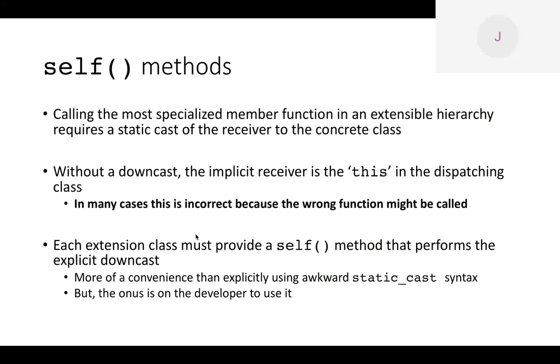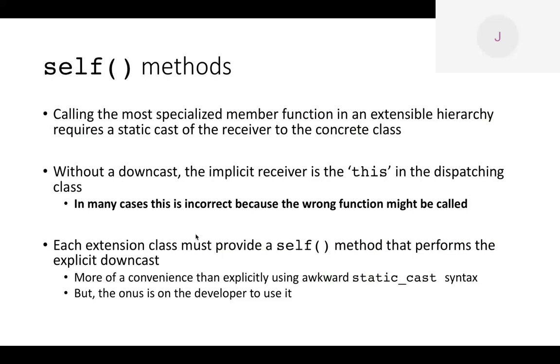One thing that is necessary, and this is particularly important for anything that uses static polymorphism, is that the way this hierarchy looks, it's sort of upside down from a dynamic polymorphic hierarchy, because in the dynamic polymorphic hierarchy, you have a pointer to the base of the hierarchy.